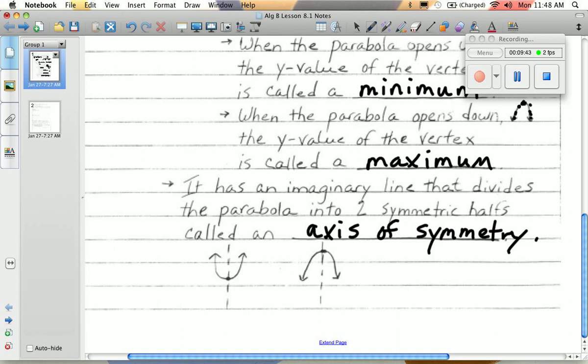What happened on one side of that vertex is going to happen on the other side of the vertex. Because it's like there's a reflection going on. So all of these are things that we're going to have to be able to pick out and understand in our quadratic functions when we're identifying things about them, and when we're graphing them.